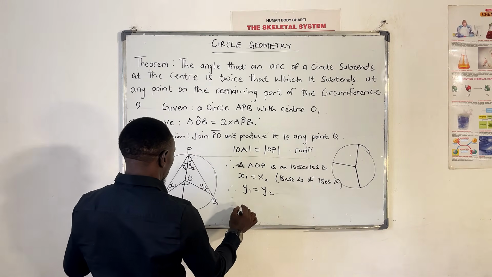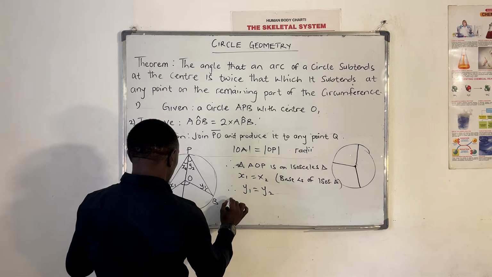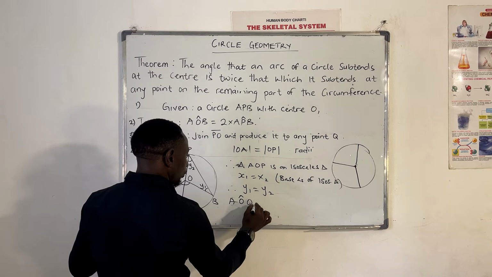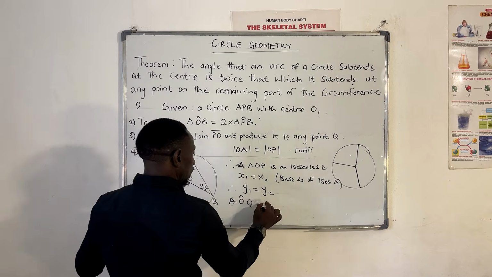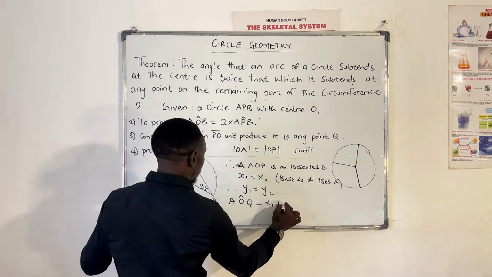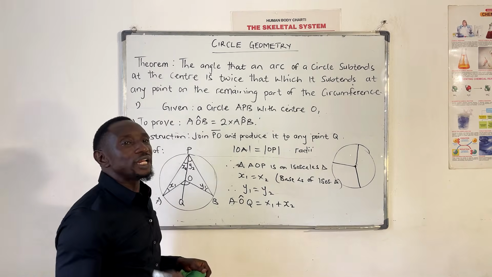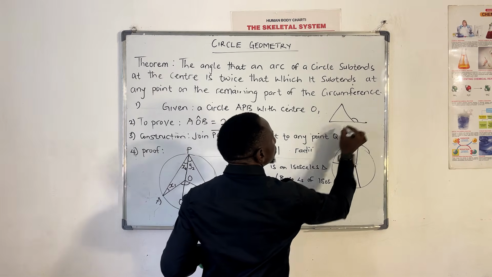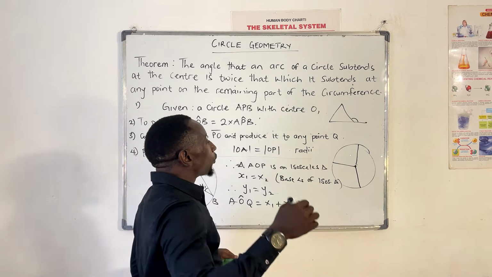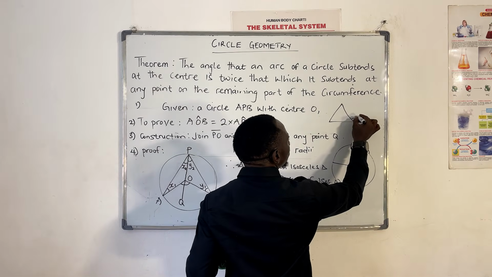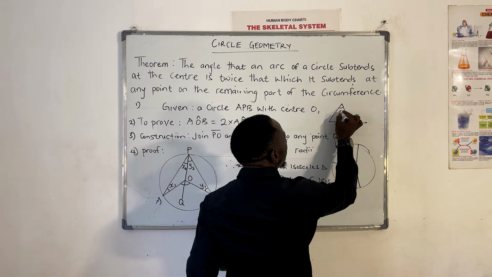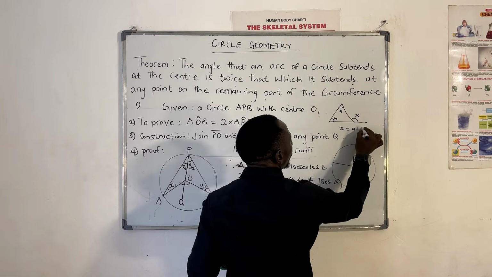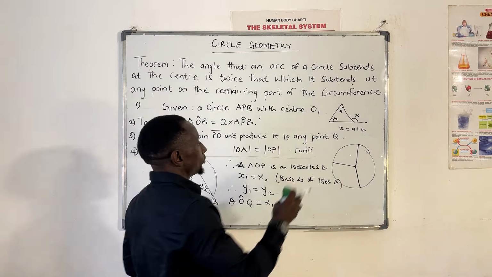And we also know that angle AOQ is equal to x1 plus x2. There is a theorem that says the exterior angle of a triangle is equal to the sum of the opposite interior angles. So if this is, for example, x, and these are A and B, that theorem says x is equal to A plus B, and there's a proof for that.